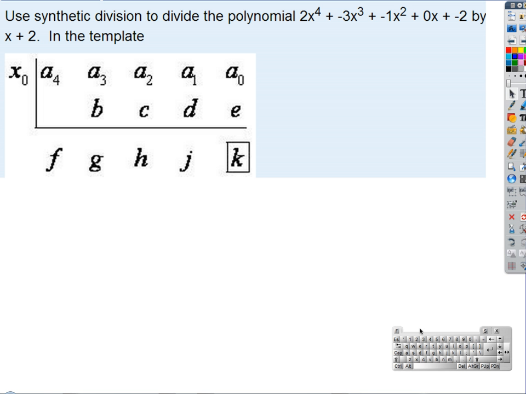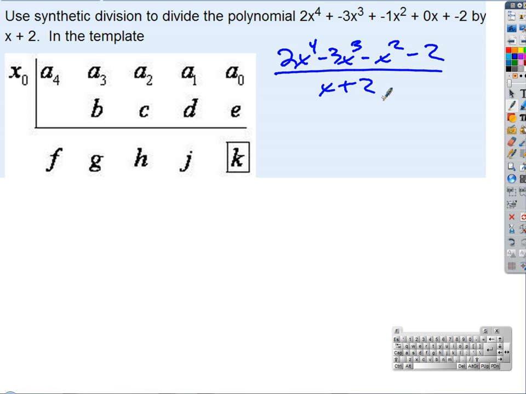No, but they tell you we're dividing this polynomial by x plus 2. Oh, that's right. So what's the number that goes out front? x plus 2 equals 0, right? We want the 0. So what we're doing is dividing this polynomial, 2x to the 4th minus 3x cubed minus x squared plus 0x minus 2, divided by x plus 2.